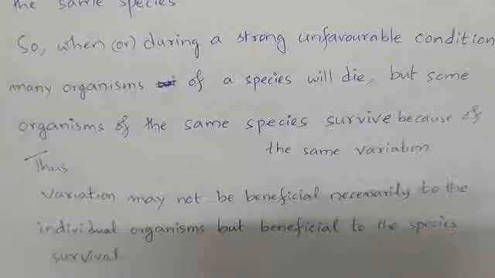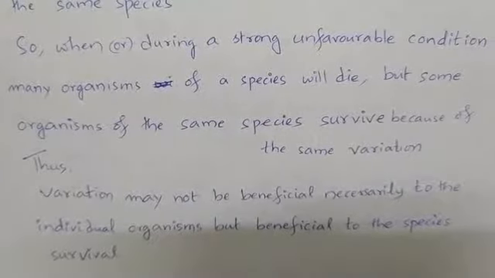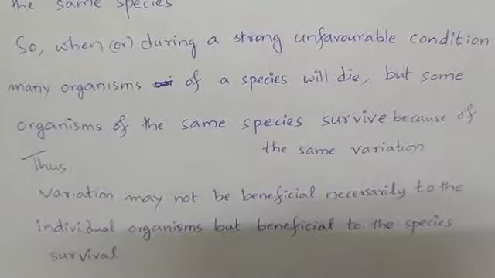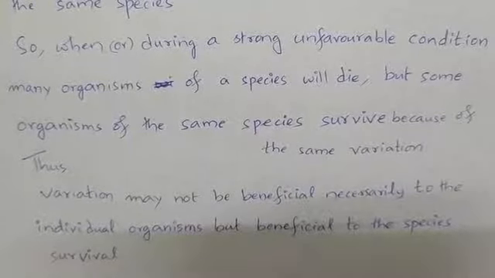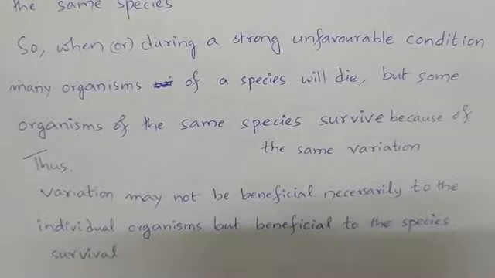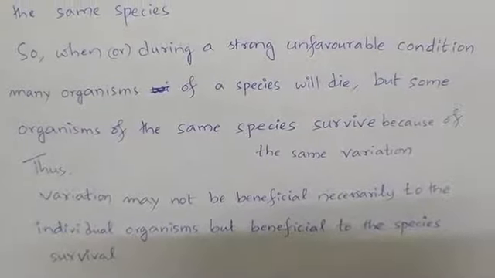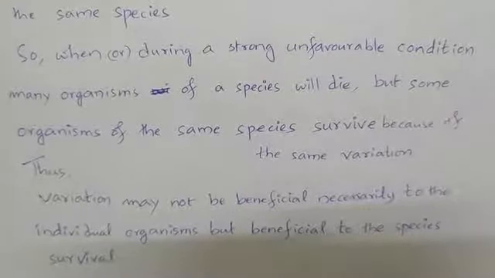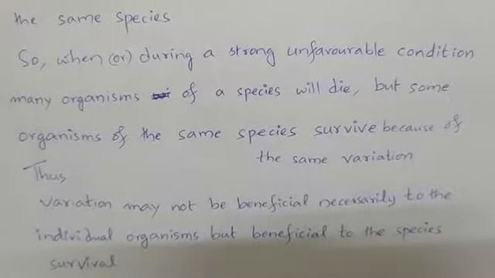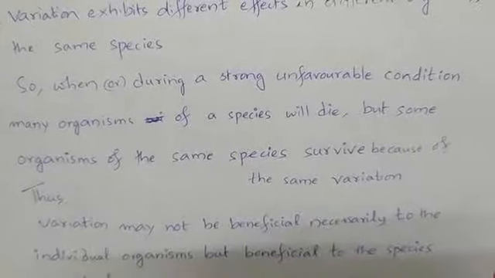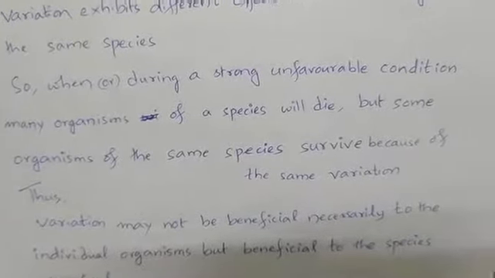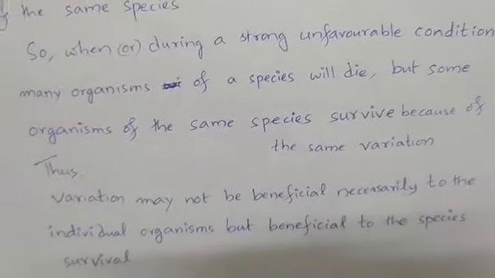Even if only some organisms are surviving, all those organisms belong to the species. Okay, so the species is finally surviving. Individually, many organisms die, but as a whole, the species is able to survive in unfavorable conditions because of the presence of what?